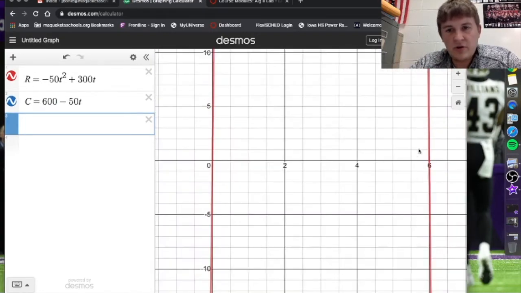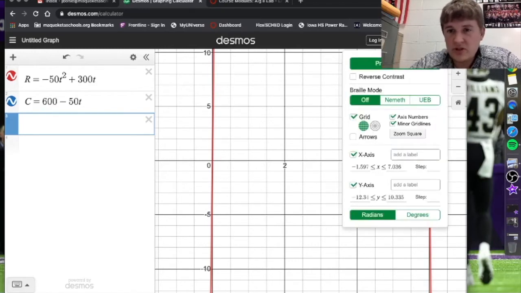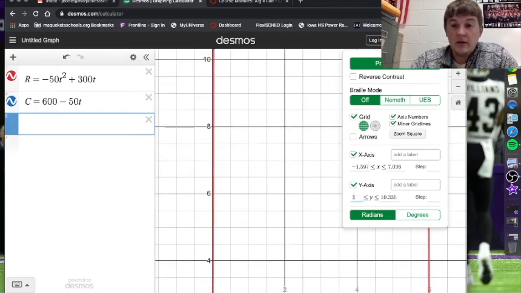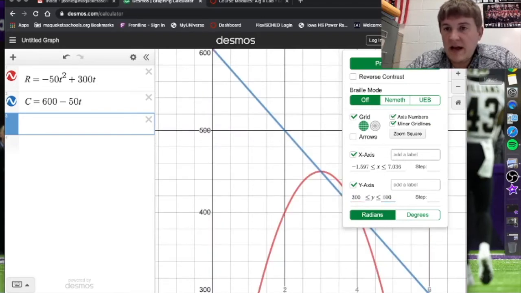So we're going to use this cost graph, knowing that it has a y-intercept of 600 and then decreases 50 units for each one. That means the bottom of this is going to be maybe 400 or 300. Let's just take a guess and fix the y-axis between 300 and 600. Now we can see.